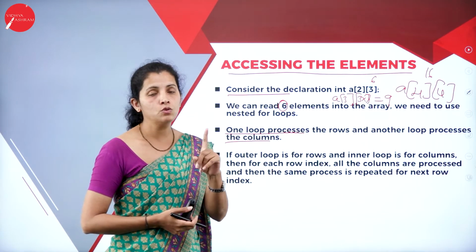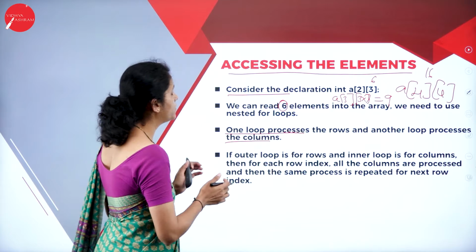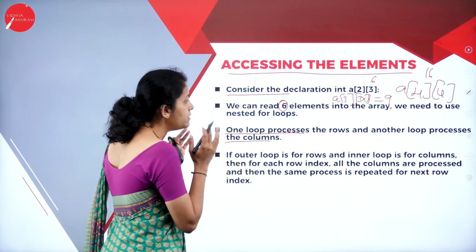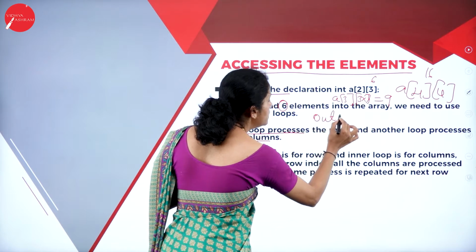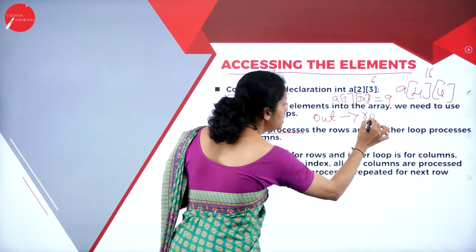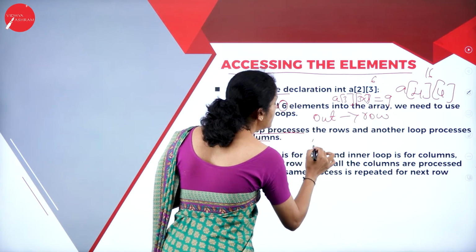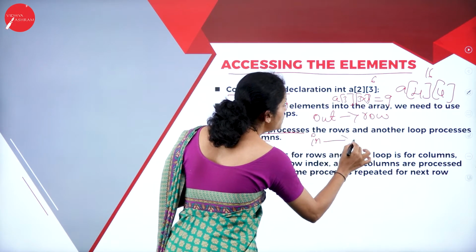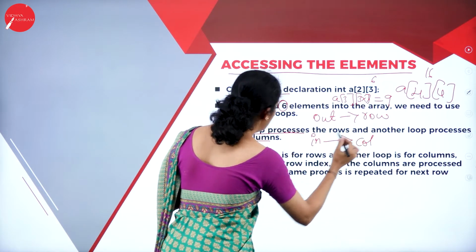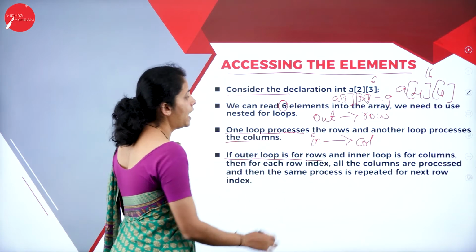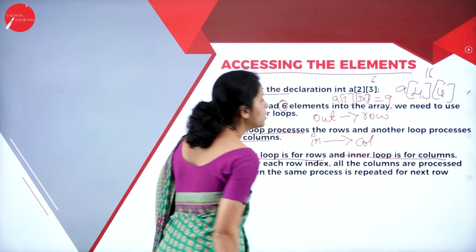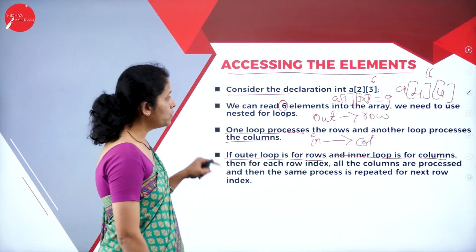One is the outer loop and one is the inner loop. And dear student, always remember that the outer loop is always going to point to the row and the inner loop is always going to point to the column.